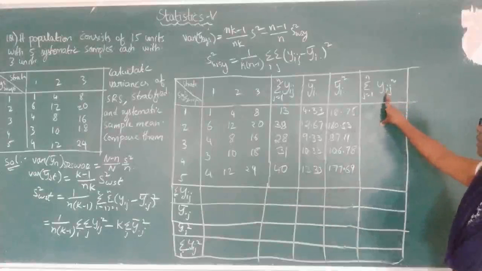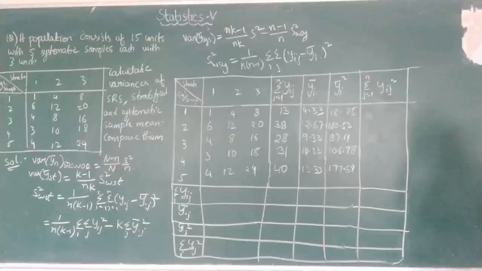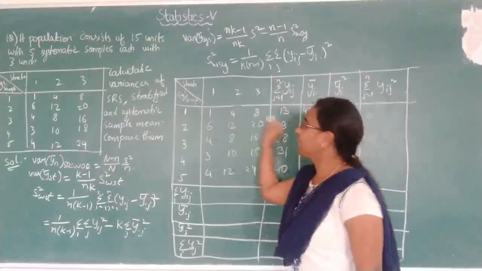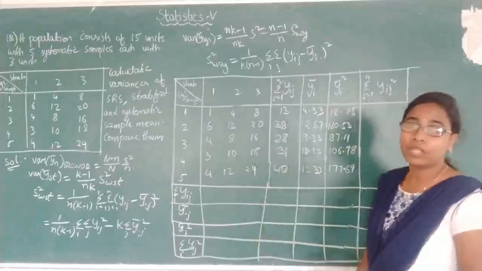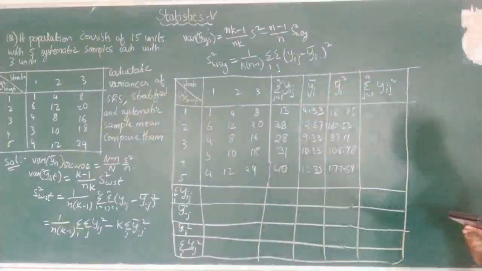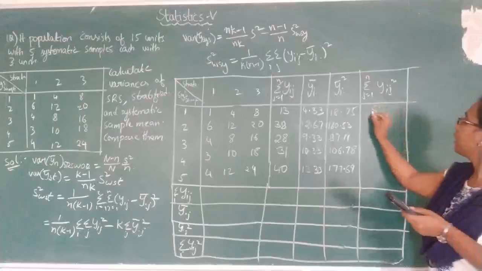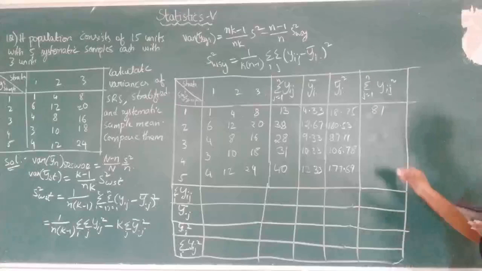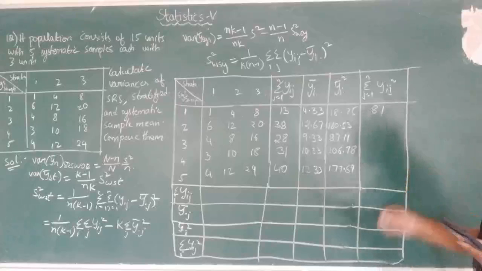Next is summation of Yij squares. So these are the different Yij values. We have to square those and add those values. That is 1 square plus 4 square plus 8 square. You will be getting the value as 81. Next, 6 square plus 12 square plus 20 square, you will be getting 580.